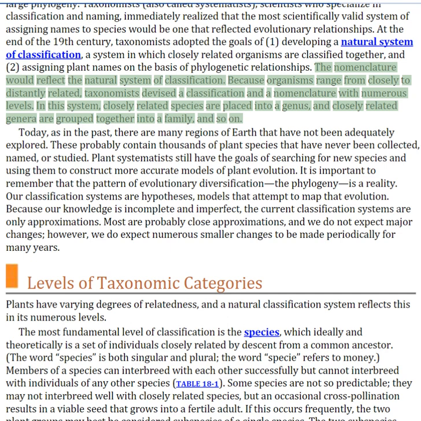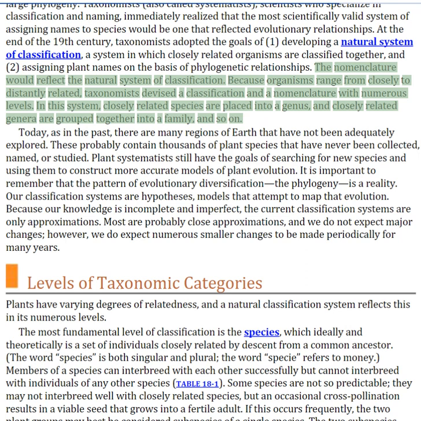The nomenclature would reflect the natural system of classification. Because organisms range from closely to distantly related, taxonomists devised a classification and a nomenclature with numerous levels. In this system, closely related species are placed into a genus, and closely related genera are grouped together into a family, and so on.